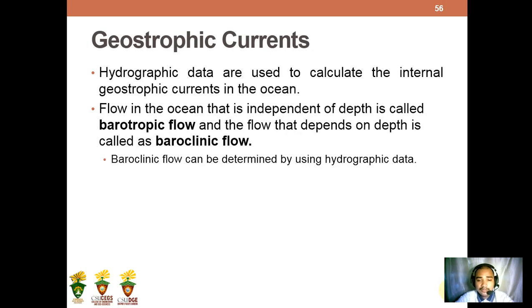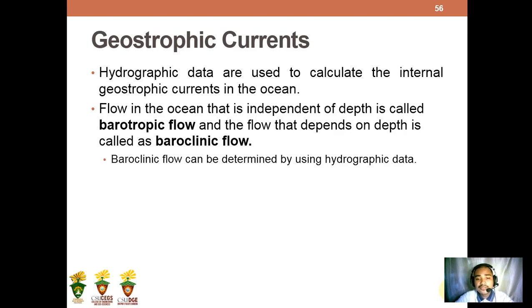Then hydrographic data are used to calculate the internal geostrophic currents in the oceans, which can be gathered using hydrographic surveying or echo sounding. So this hydrographic data, gathered during those hydrographic surveys, can be essential in calculating the internal geostrophic currents.